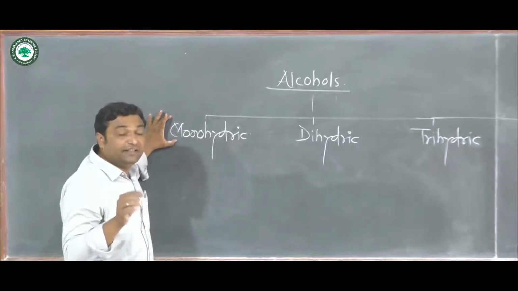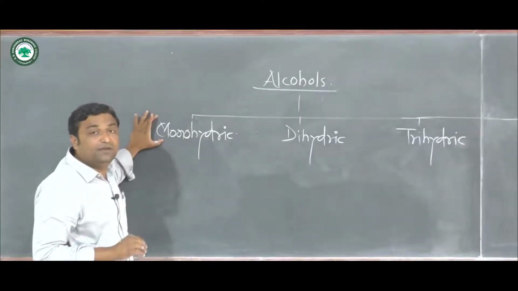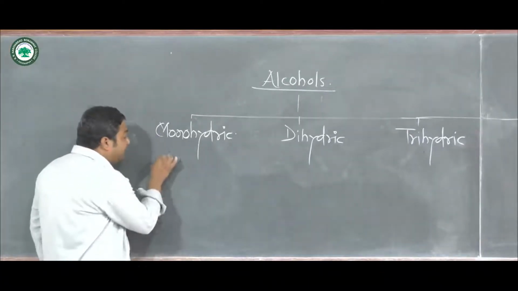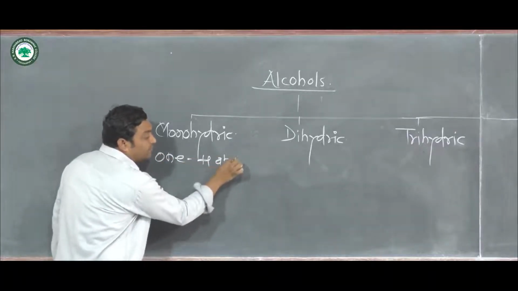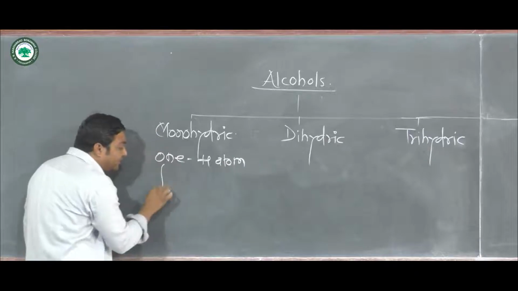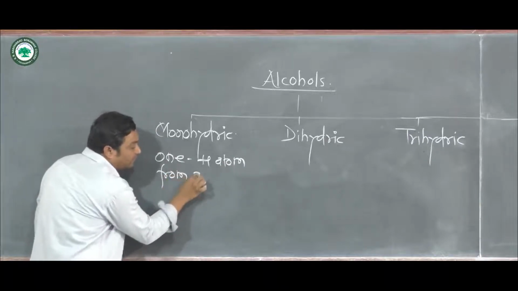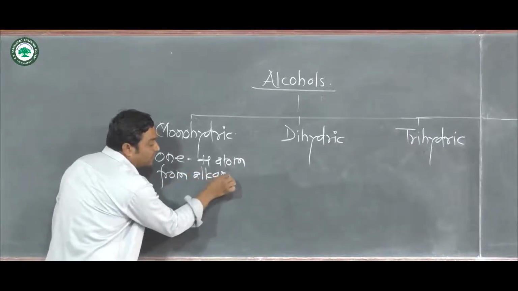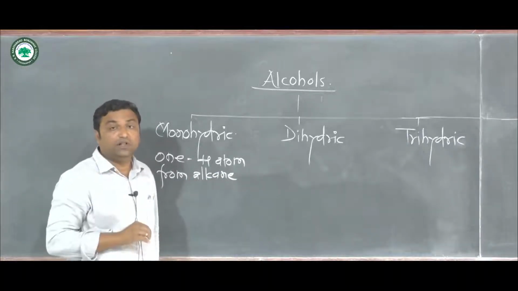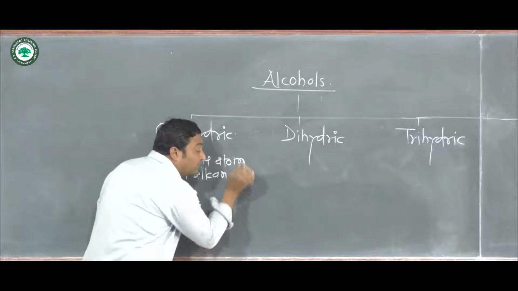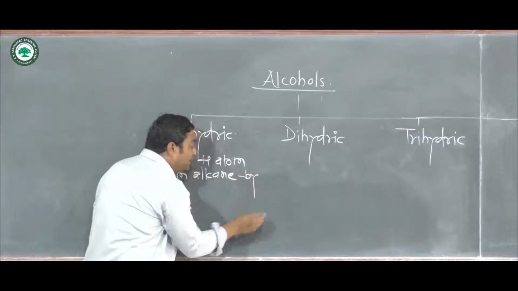Now, what is meant by monohydric alcohol? Monohydric alcohol is obtained if we replace one hydrogen atom from an alkane by the same number of hydroxyl groups, that is by one OH group.